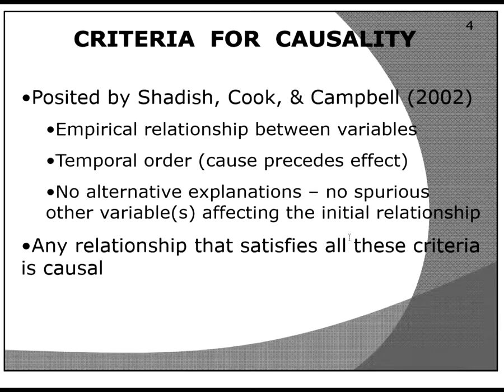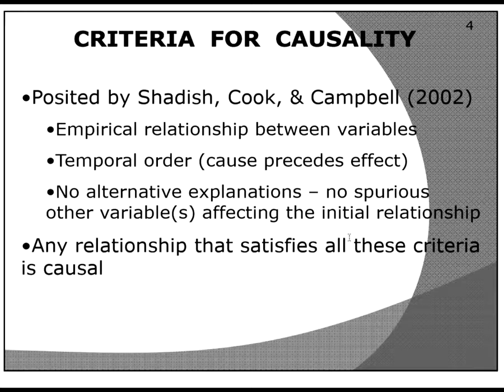This is not the most difficult part; we have plenty of statistical models that can show us an empirical, statistically significant relationship between two variables. There has to be temporal order, meaning that the cause has to happen before the effect. You can't say the hurricane destroyed your house if your house was destroyed before the hurricane came through, but if it happened after the hurricane, then obviously you can say that the hurricane possibly caused it.